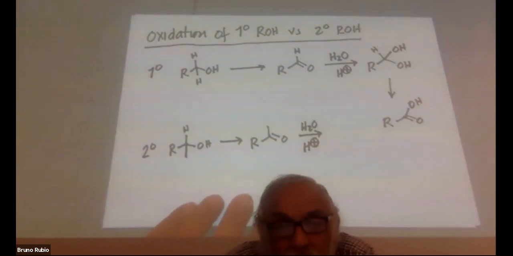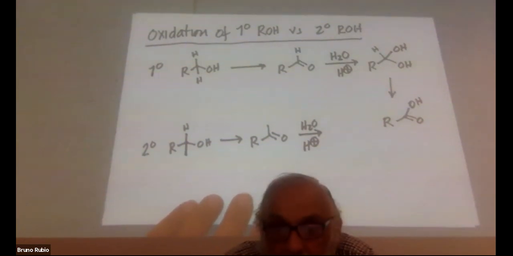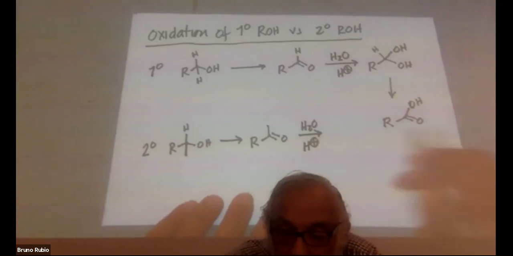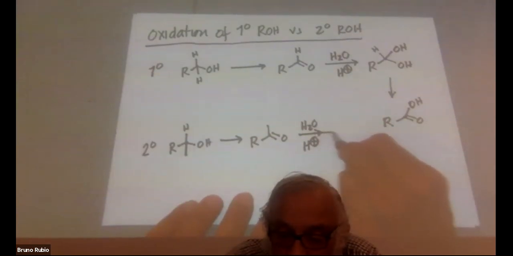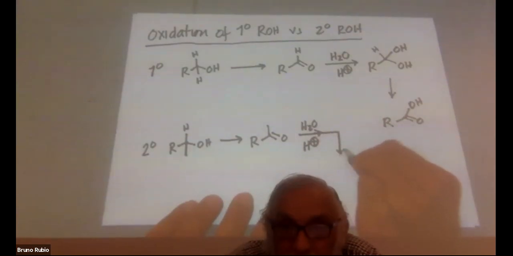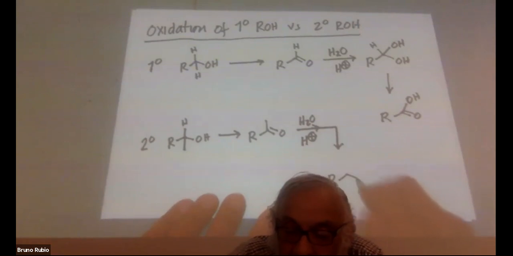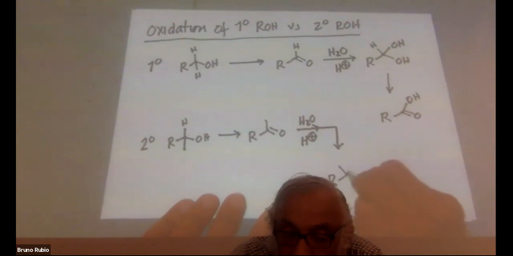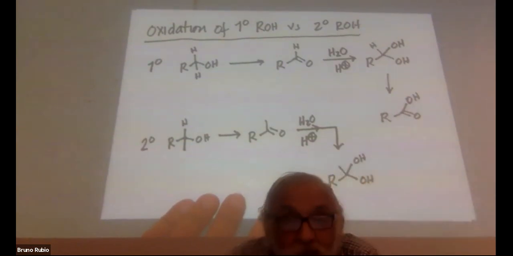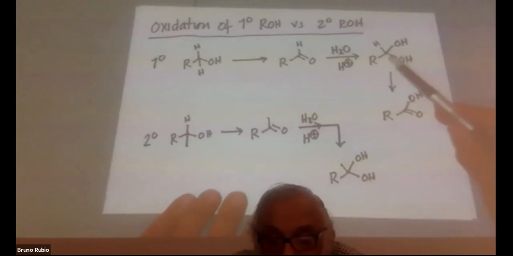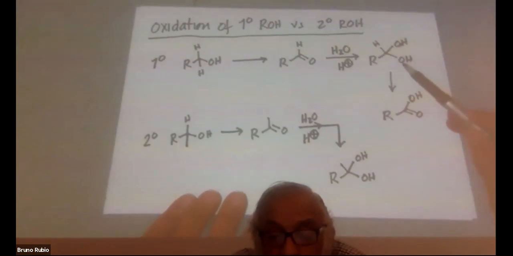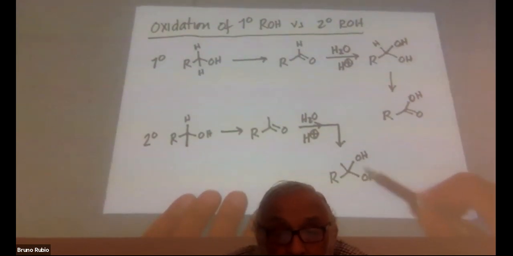So I'm not going to write out all of the steps, it's all the very same steps. Let's do it this way because we're going to run out of real estate. So now this ketone reacts with water under acidic conditions, and it forms a geminal diol as well. You see how this carbon atom has two OH groups?